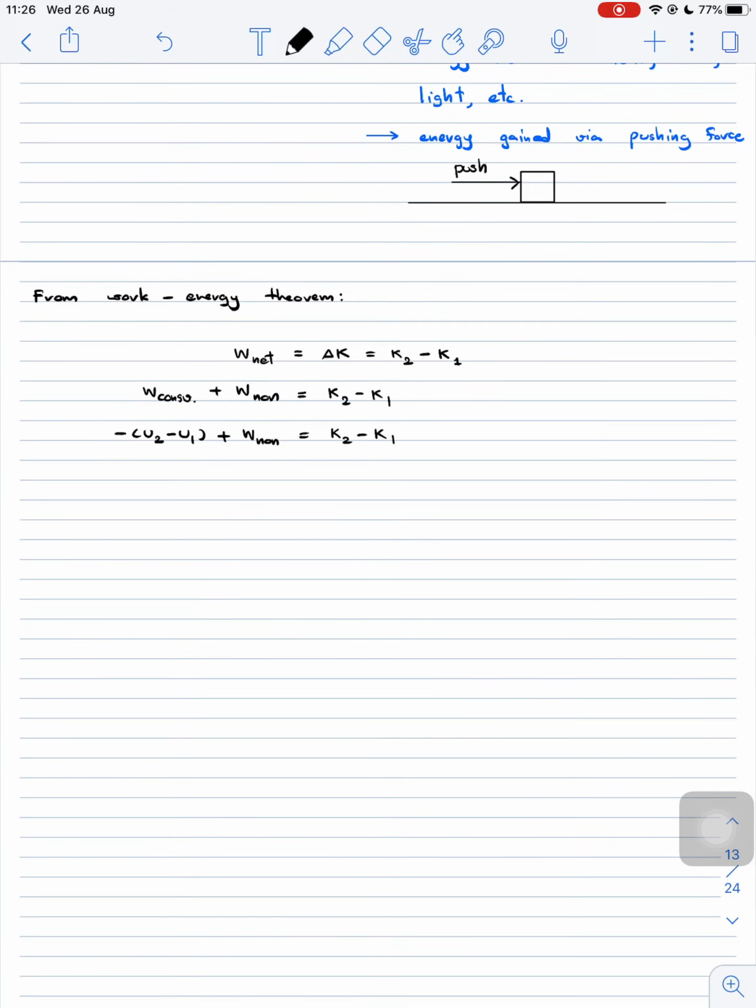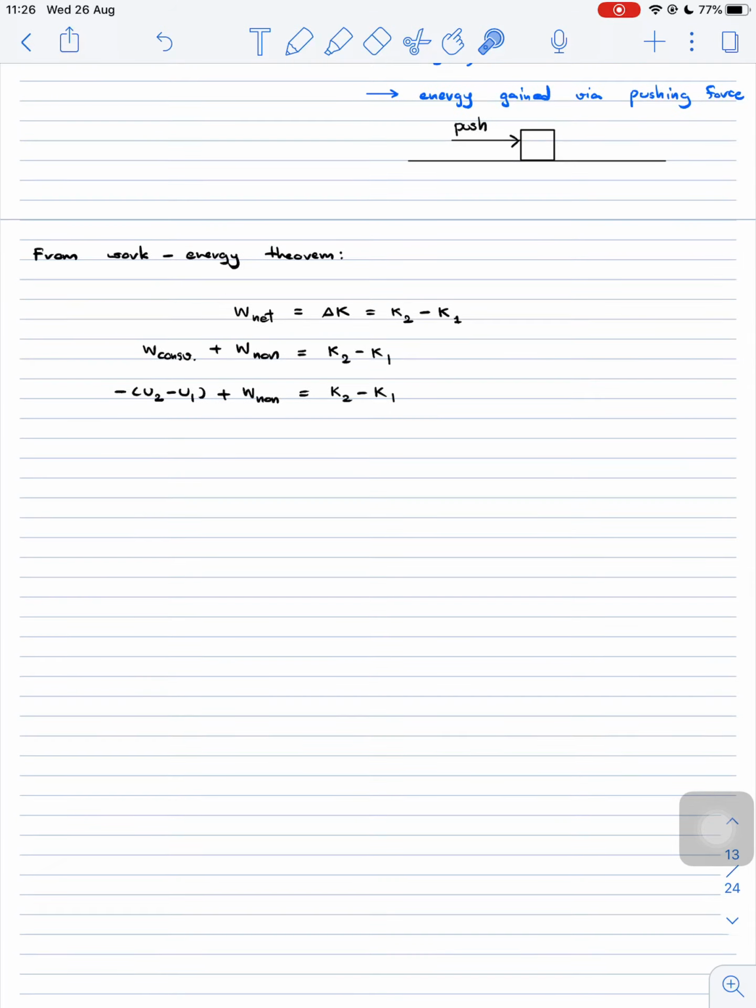Then you can get that, if you move this to the right hand side and combine K2 with U2 and K1 with U1, the work done by the non-conservative force equals K2 plus U2, this is the first group, and then minus K1 plus U1, this is the second group.